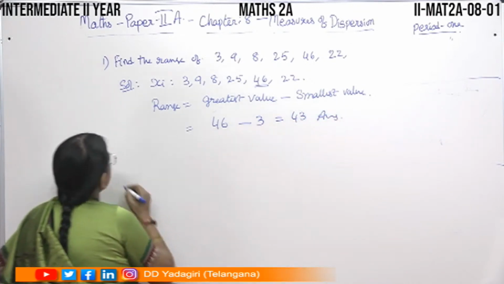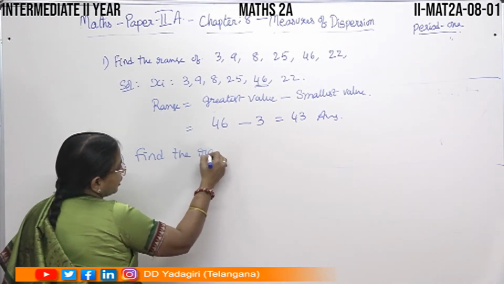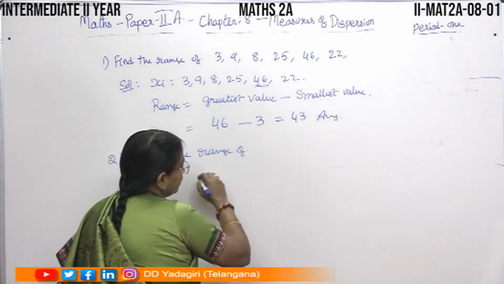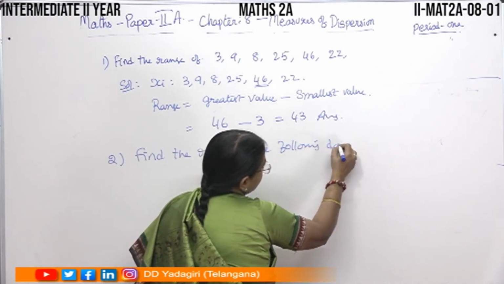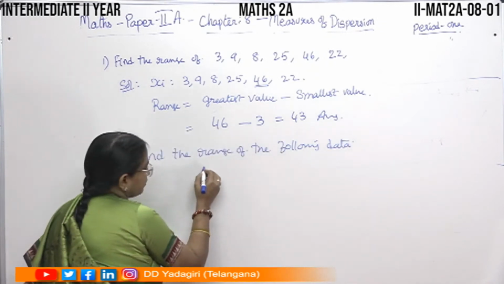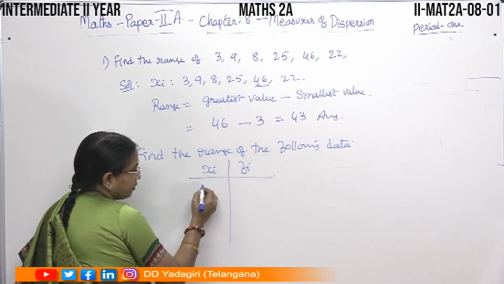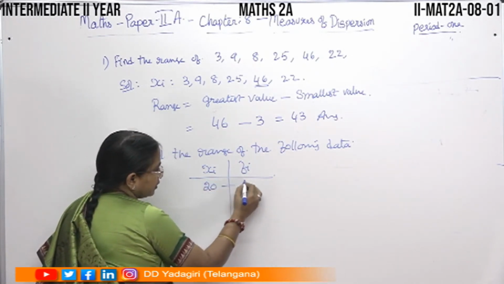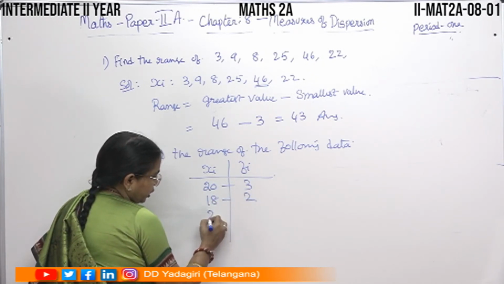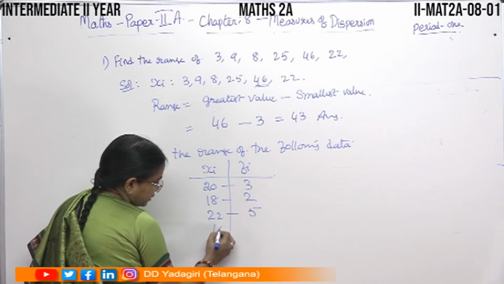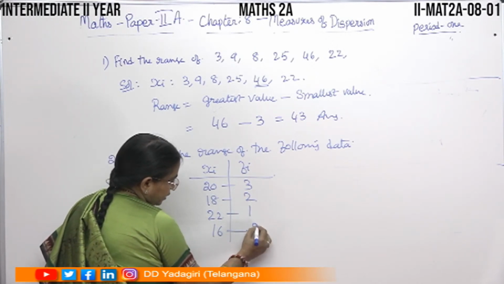Now suppose you are given a problem like this. Find the range of the following data. Suppose the data is given as xi and fi: 20 with frequency 3, 18 with 2, 22 with 1, and 16 with 2.